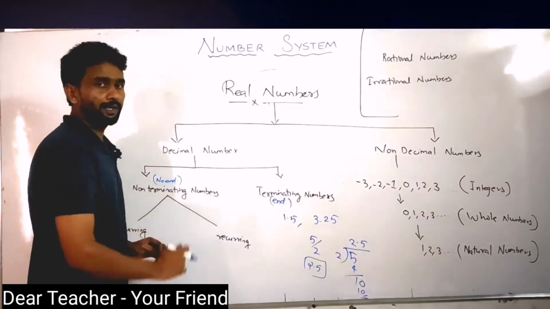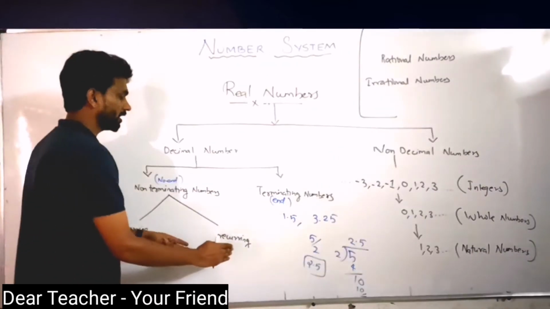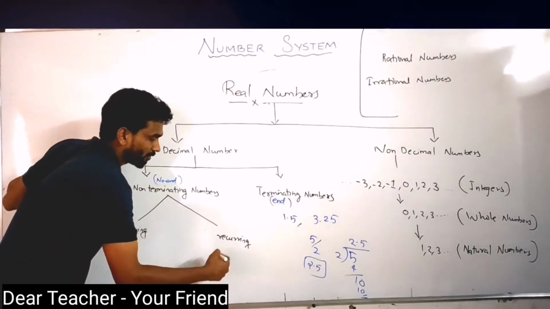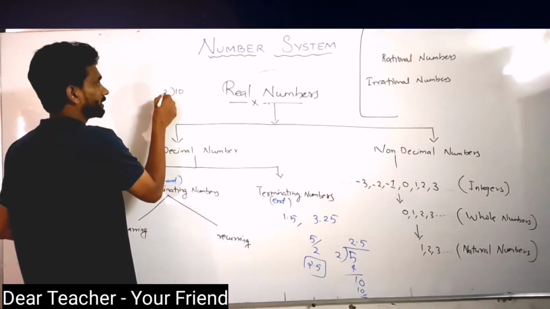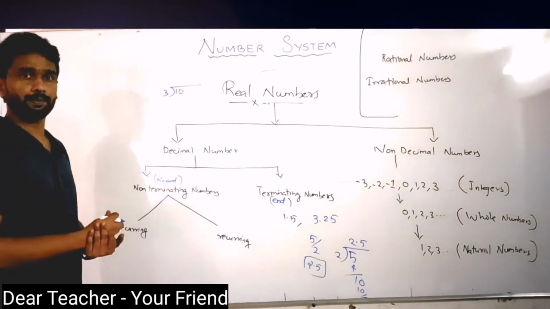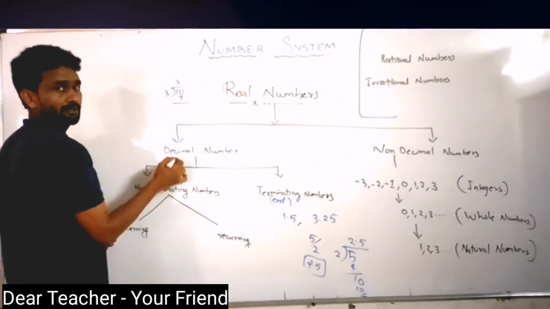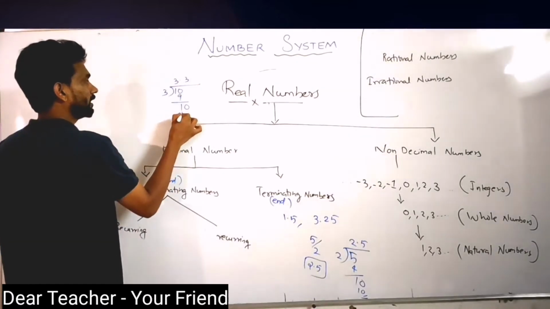Now non-terminating numbers. Look at the non-terminating numbers. There are two types, non-recurring and recurring. What is meant by recurring? Sometime while dividing, I will write one example. 10 divided by 3. We know 3 3s are 9. The remainder is 1. We can keep here again 3 3s are 9.